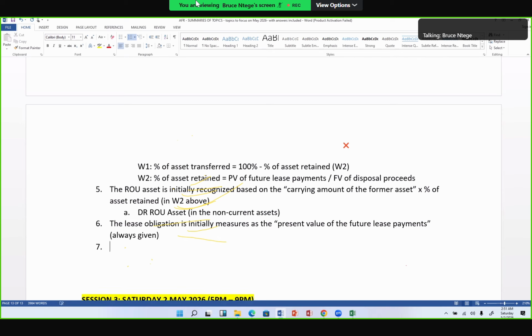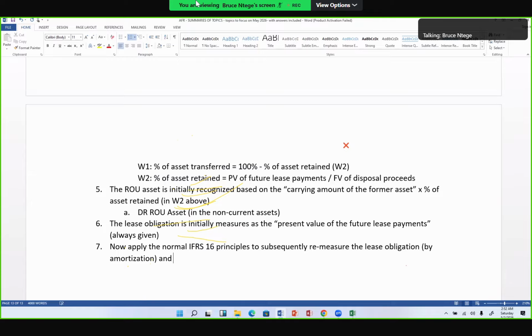Now maybe let me put number 7 to say that now you start applying normal IFRS 16 principles to subsequently remeasure the lease obligation, which is by amortization, and the right of use asset, which is by the normal depreciation.